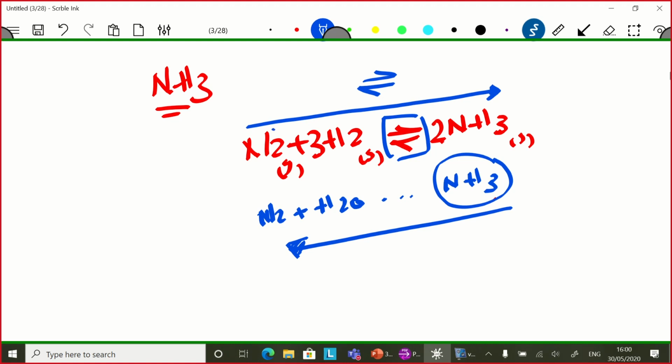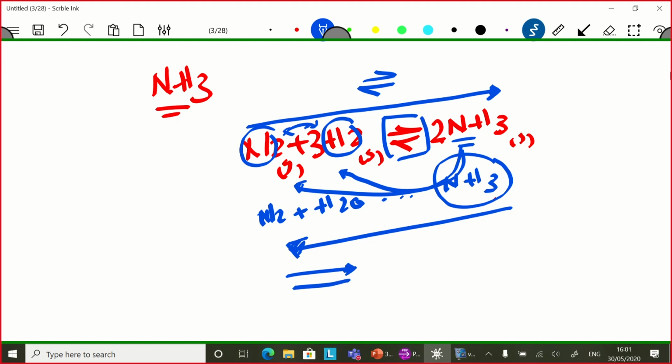The nitrogen and hydrogen molecules are combining together to form ammonia, but at the same time the ammonia molecules are breaking down to form again the hydrogen and the nitrogen. When the two rates, the rate of the forward reaction and the rate of the backward reaction, become equal, in this case we're going to say that we've reached something called dynamic equilibrium.